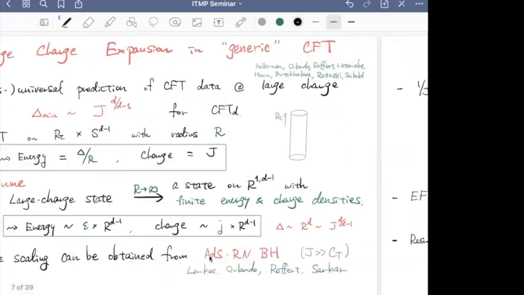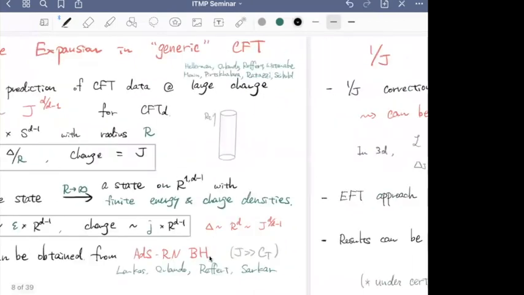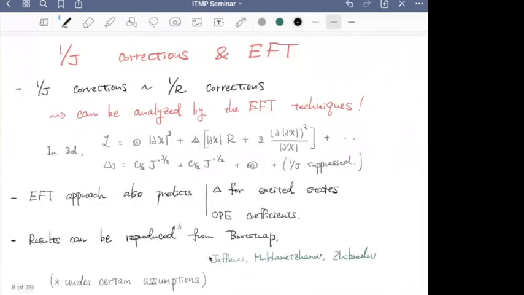And surprisingly, people found that the large charge expansion accurately describes the dimension of operators of order 1. There is no reason why that's true, but experimentally they found that it's true. Thank you. Any other questions?